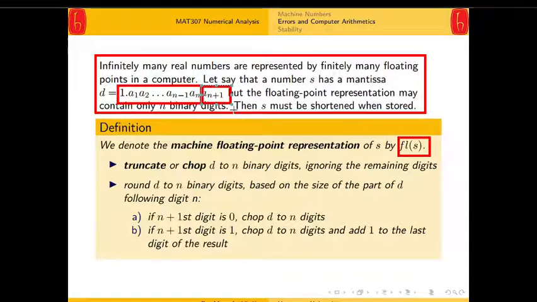Ignore this part and basically store the number up to a_n. If the n plus first digit is 1, then chop d to n digits again, but add 1 to the last digit of the result. So add 1 to a_n. Okay, so this is rounding.